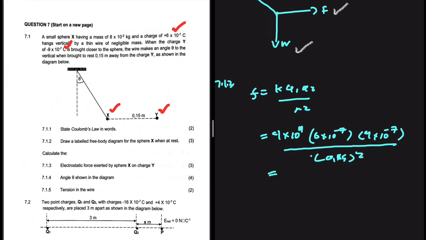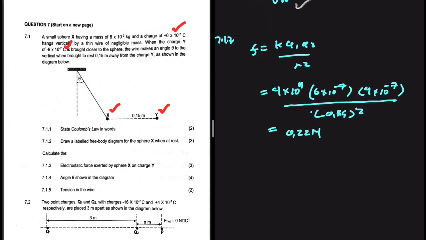That is the electrostatic force that the two charges are exerting on each other. If you put that in your calculator, you should get 0.22 newtons.